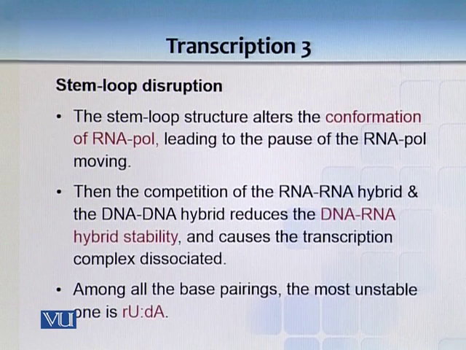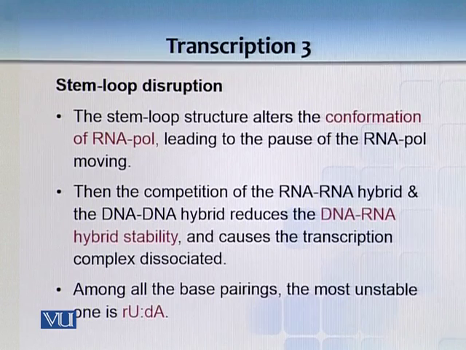So this stem loop disruption causes a conformational change in RNA polymerase, leading to the pause of RNA polymerase moving. Then the competition of the RNA-RNA hybrid and the DNA-DNA hybrid reduces the DNA-RNA hybrid stability, because RNA has basically made a bond with itself, and that causes the dissociation of the transcription complex.